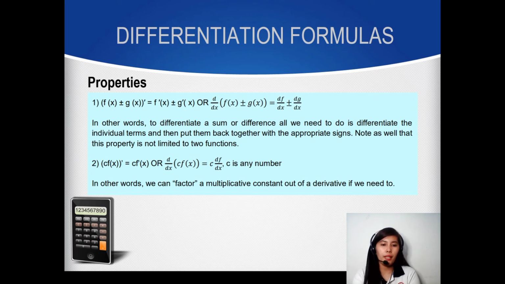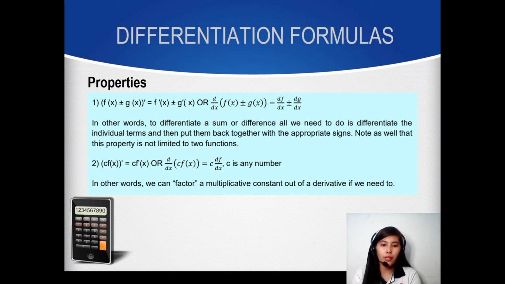Then for number 2, the derivative of c times f of x is equal to c times f prime of x, or d over dx of c f of x equals c times d f over dx, where c is any number.